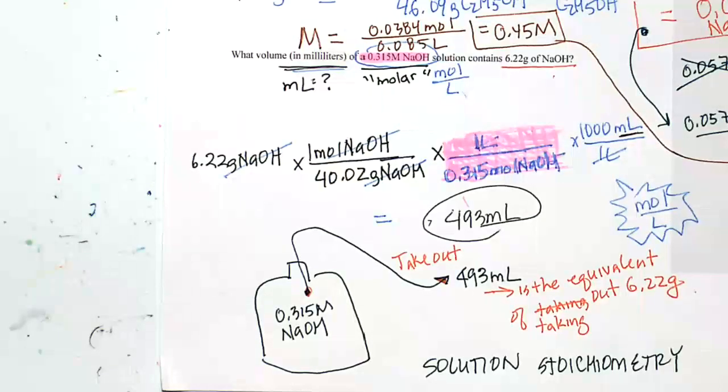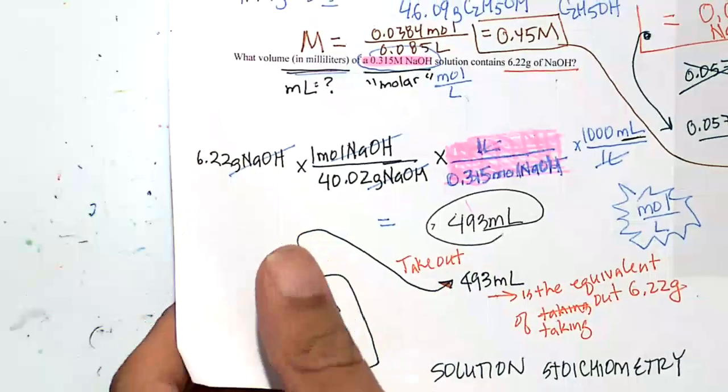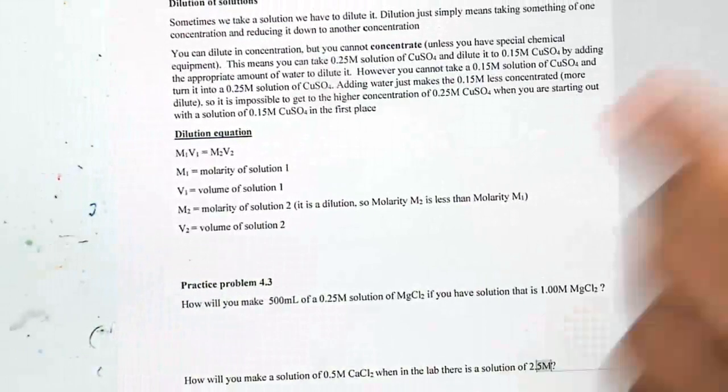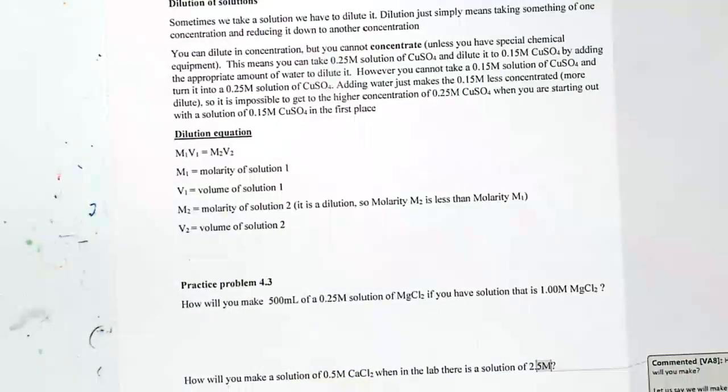Let's move on to the last page of chapter 4. Another thing that you'll see in a practical sense, if you ever want to work in a lab, any type of lab, hospital lab, forensic lab, chemistry lab, biology lab, there comes a point where, instead of weighing out the sodium chloride or weighing out your solute, why don't you just dilute it?